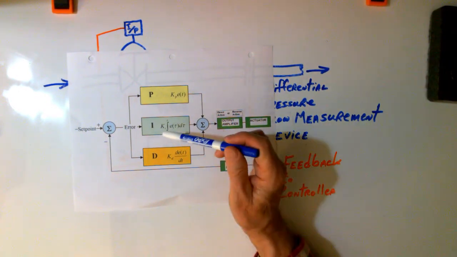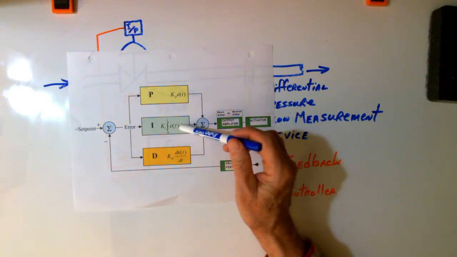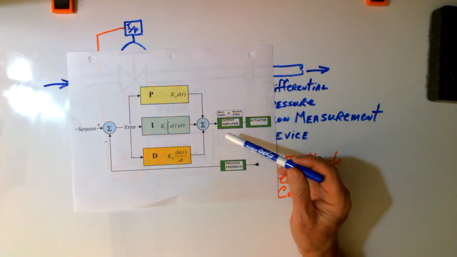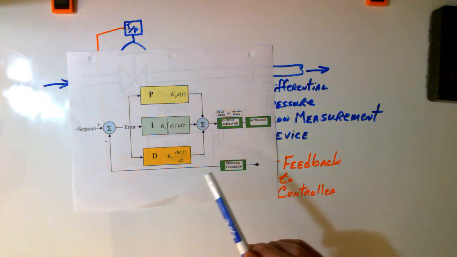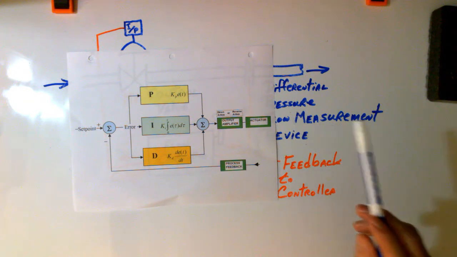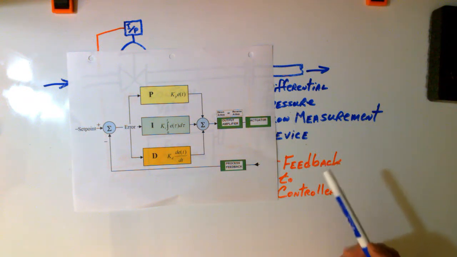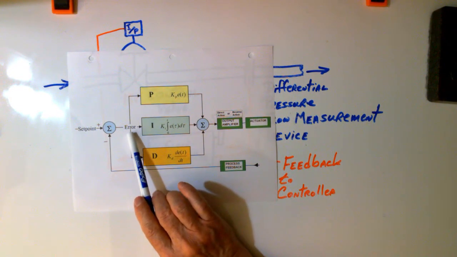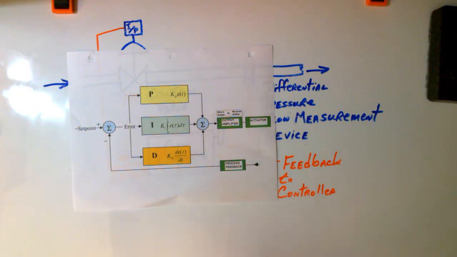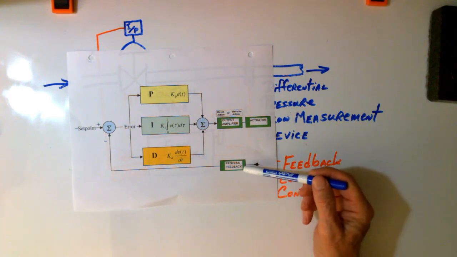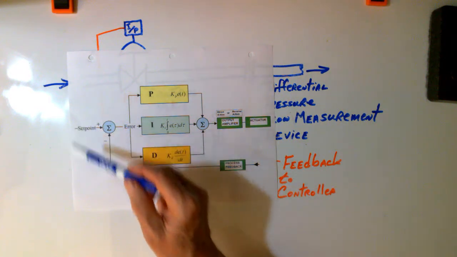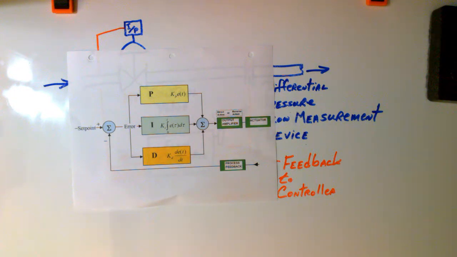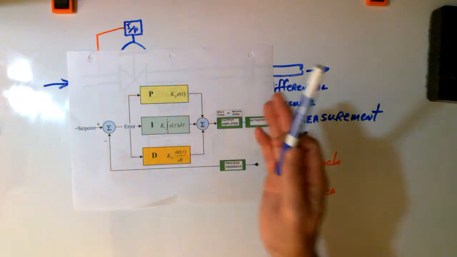The output from this module right here, going to the output, will begin to climb, and it will continue to climb until the error is pushed back to zero, because that's what we're trying to do, right? We would like the process feedback and the set point to be the same for the duration of this controller.